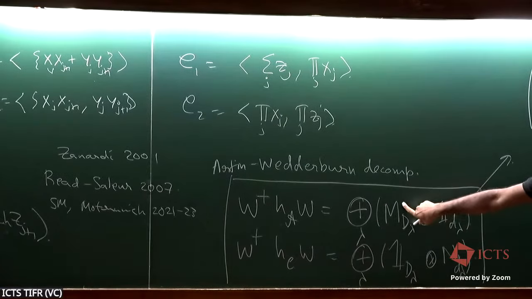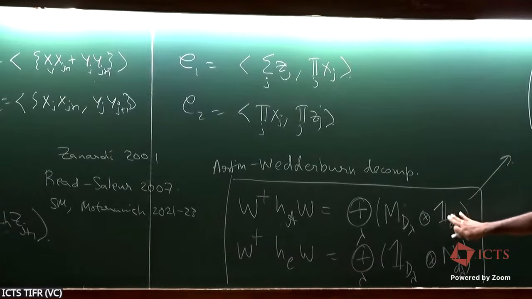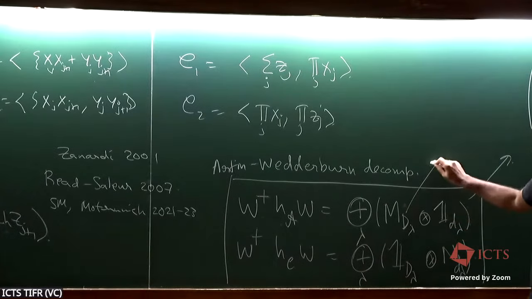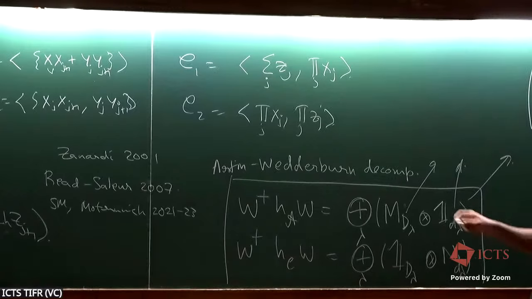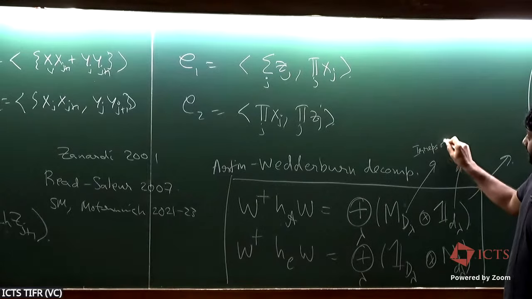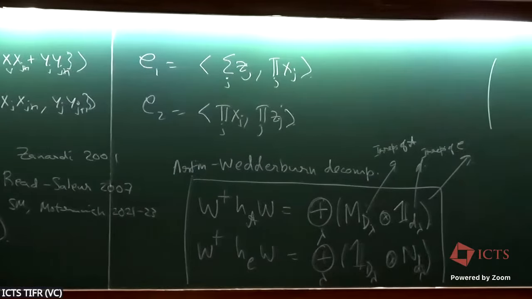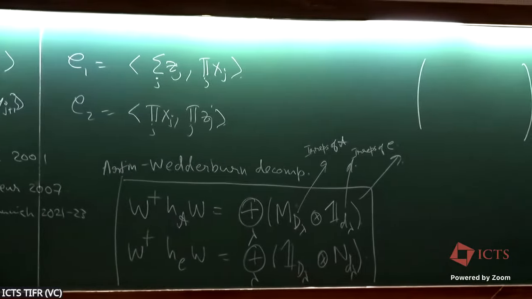So M is any matrix, which depends on the operator that you're choosing, tensor identity matrix. And these capital D lambdas and small d lambdas are the dimensions of the irreducible representations, so irreps of A and irreps of C. I'll give you a concrete example in a bit.